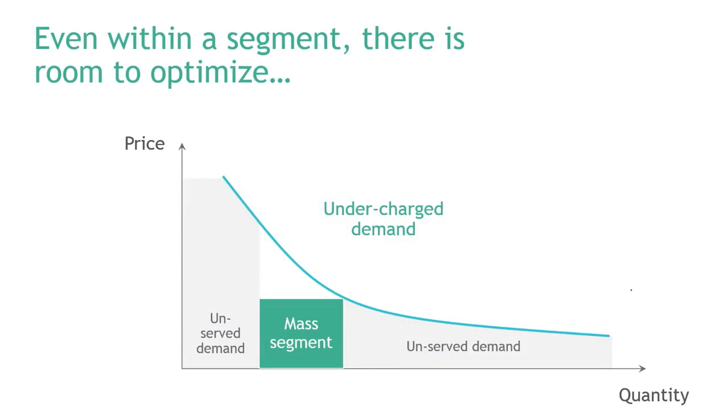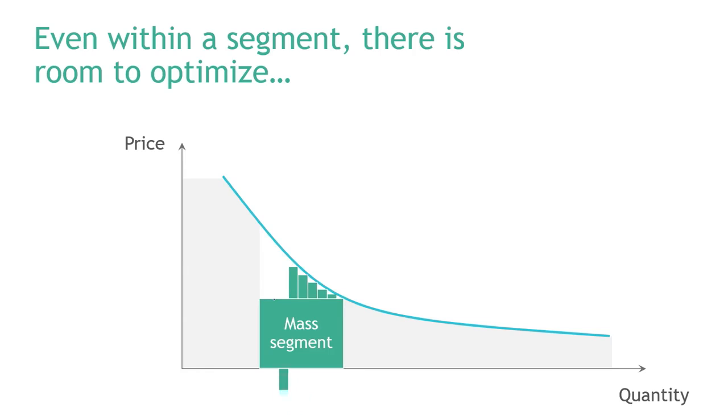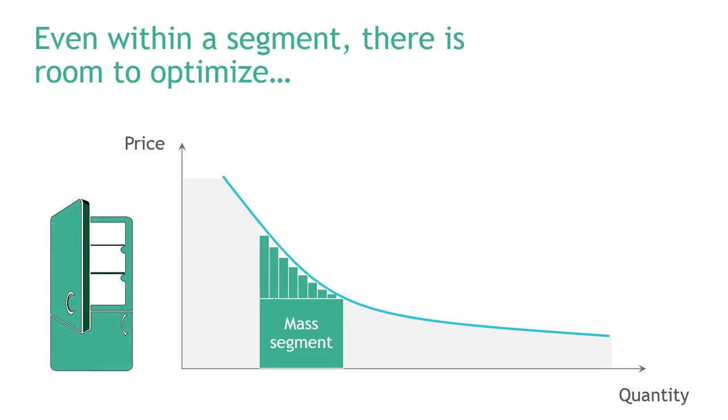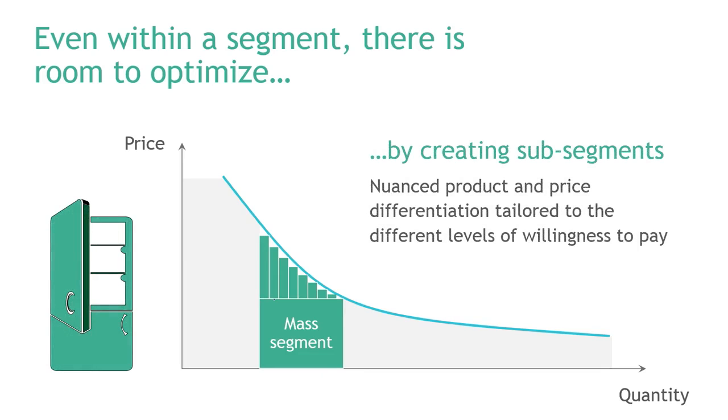But there's a bit more to say. Let's say you realize you really should stick to one segment in your business, for multiple reasons. There is still within the segment, and let's say you pick here the mass segment, undercharged demand in it. And you can try to optimize for this by further differentiating your offerings to subsegment the business. So let's talk fridges again. Let's say you have an entry model side-by-side fridge.